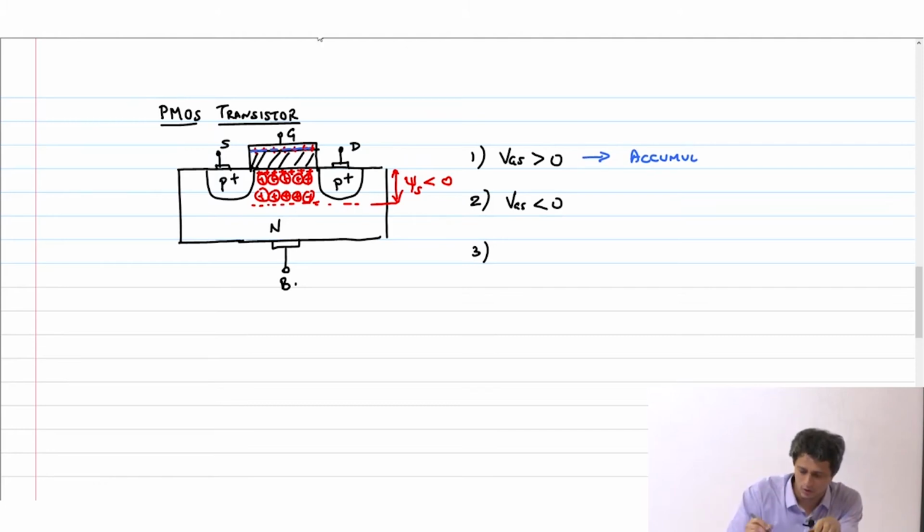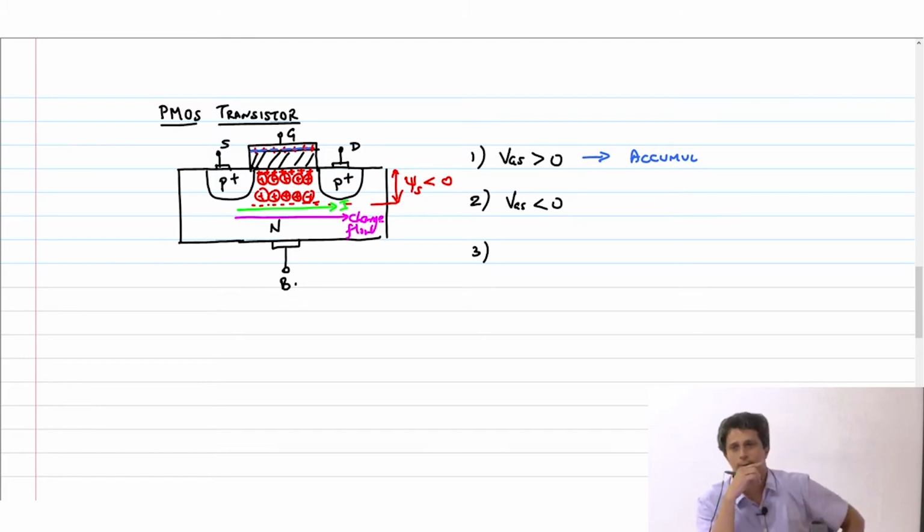So my charge direction is from source to drain, and current direction is also from source to drain. I'll just say I, and this magenta is charge flow.